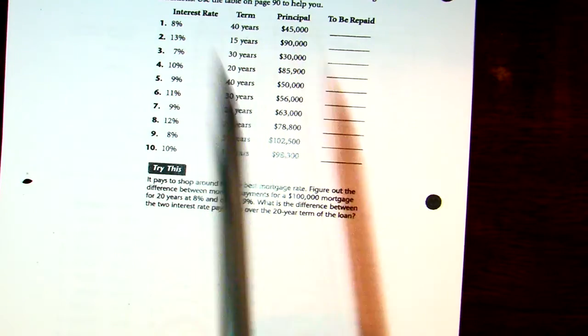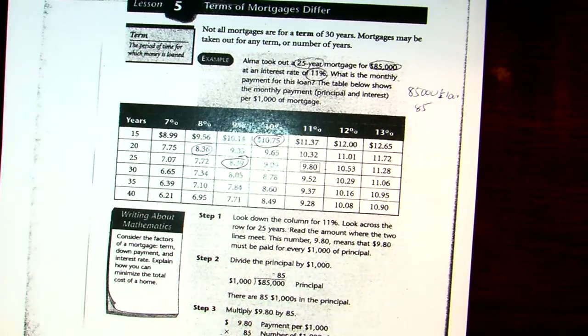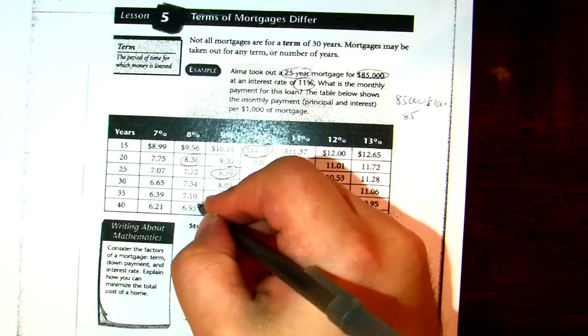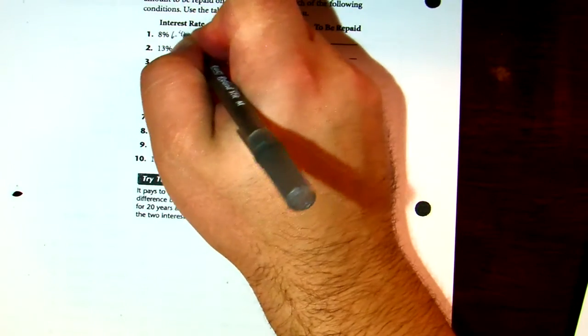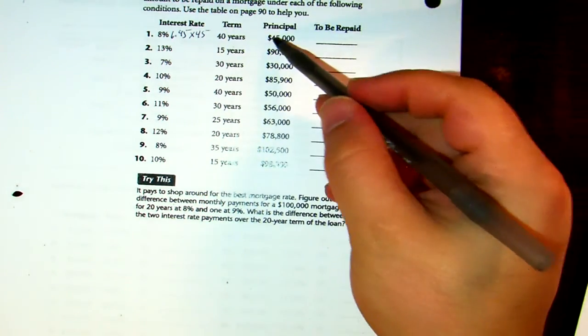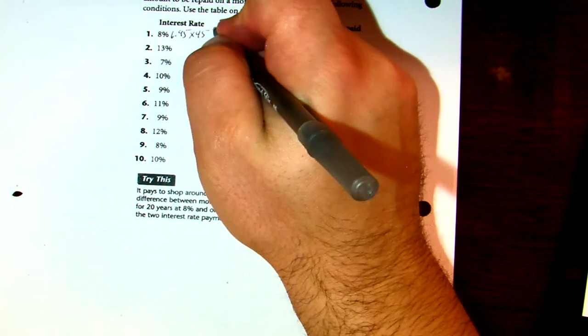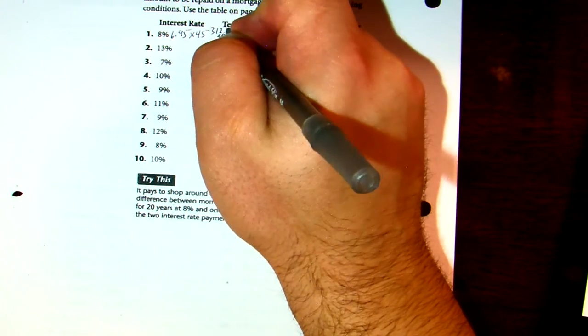To find the amount to be repaid, you're going to go to your chart again. 8% at 40 years is 6.95. So 6.95 times 45. It's not 90 anymore, now they tell you it's different principals. So 6.95 times 45, because the principal is 45,000, you get 312.75.